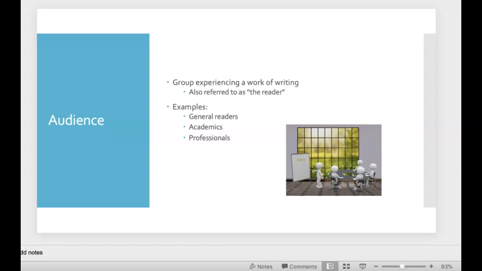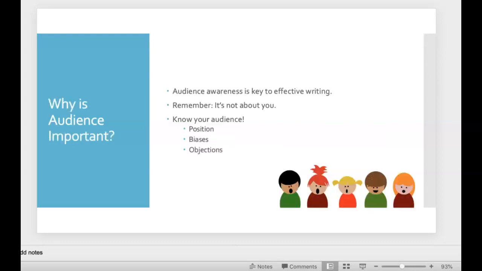It could be that something is meant for professionals. If you are reading a piece that's in Business Insider, then it's probably going to be people who are professionals in the business world, right? If you're reading Architecture Today, we're reading a magazine for architects. So understanding who a piece is made for is really a key component of understanding work.